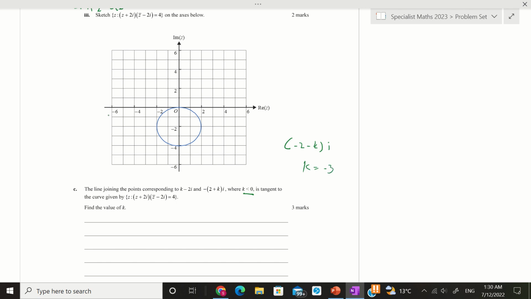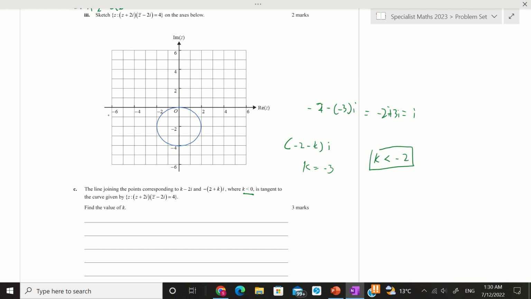If k was negative 3, then I'd get minus 2 minus 3i, and that's going to give me minus 2 plus 3i, or minus 2i plus 3i, which is i. So we see that k not only has to be less than 0, but it also needs to be less than a certain other number. In this case, k needs to be less than negative 2.